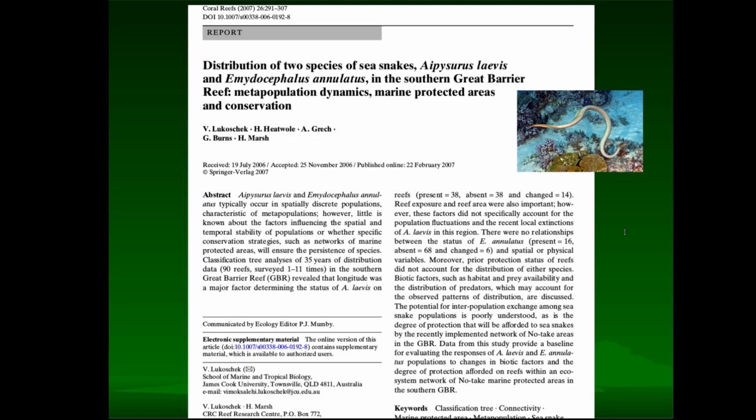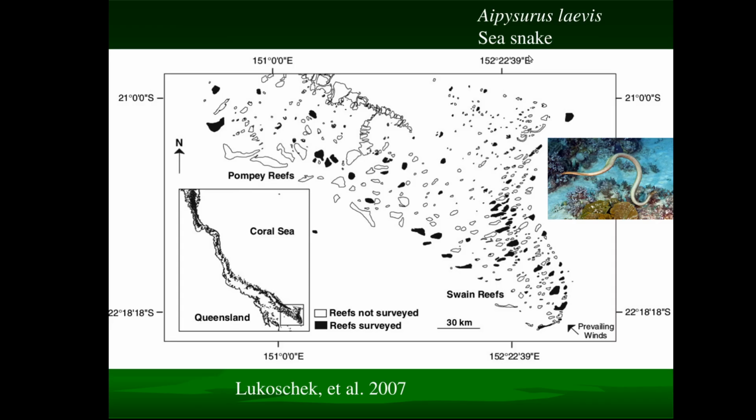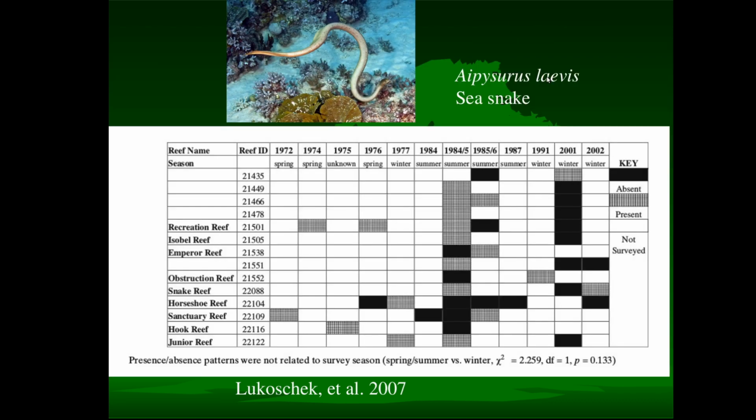Another example is sea snakes on reefs in the Great Barrier Reef. Researchers censused snakes at each of 14 reefs, close to every year, and found that populations blinked in and out of existence with no discernible pattern. So seasonal effects were not significant in a chi-square test.